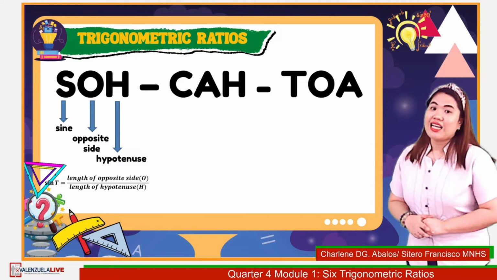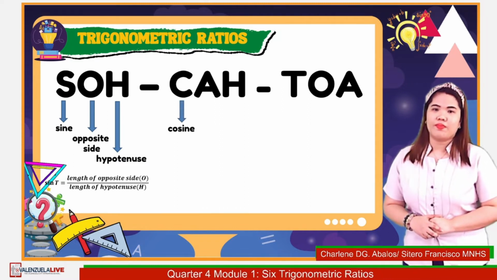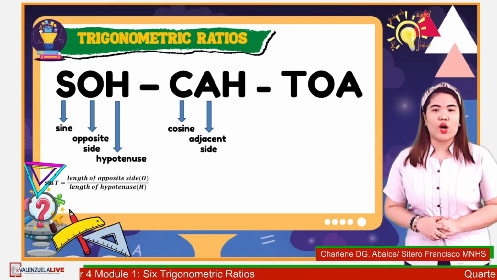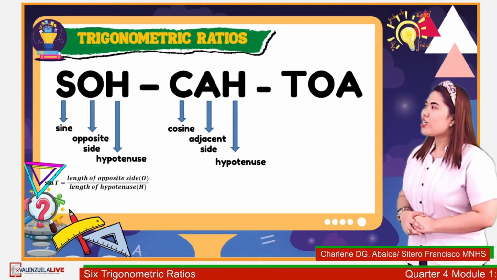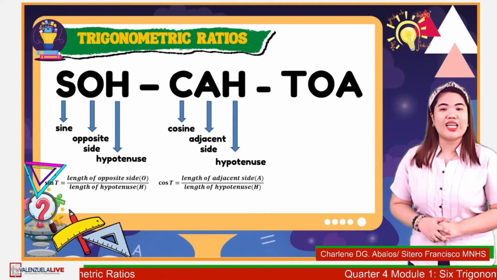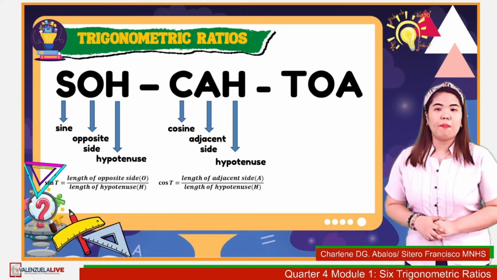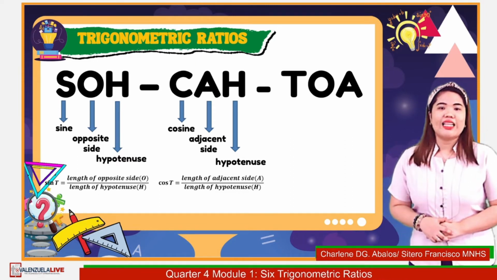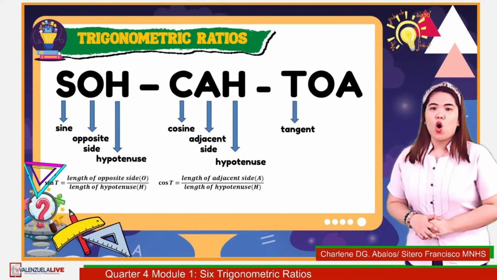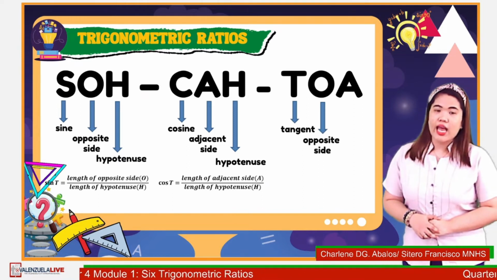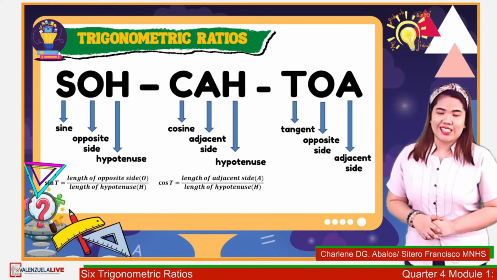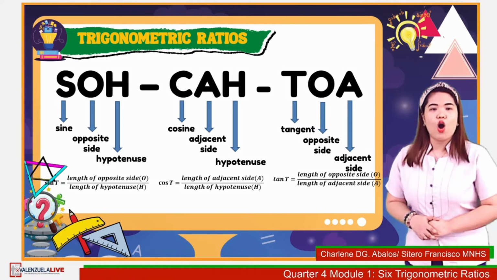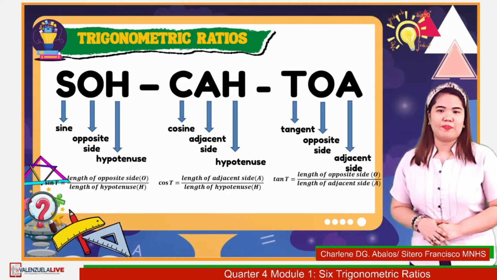Moreover, CAH: C stands for cosine, A stands for adjacent side, and H stands for hypotenuse. This cosine theta is equal to adjacent side over the hypotenuse. Next is TOA. T stands for tangent, O stands for opposite side, and A stands for adjacent side. This tangent theta is equal to opposite side over adjacent side.